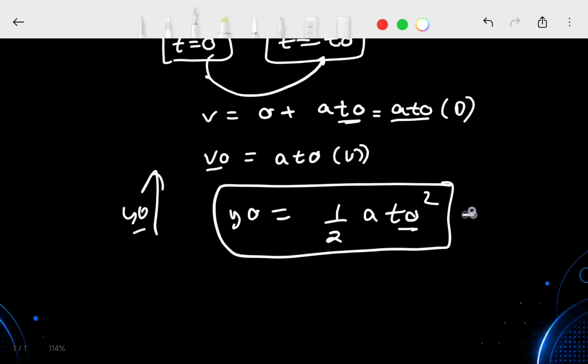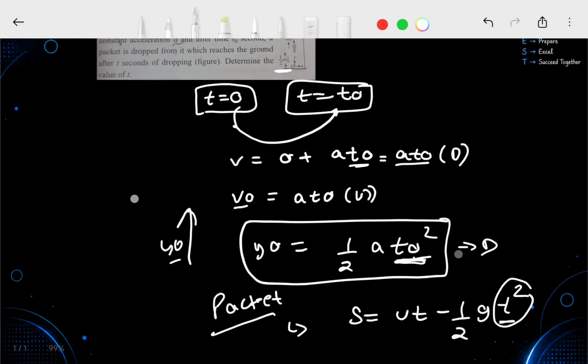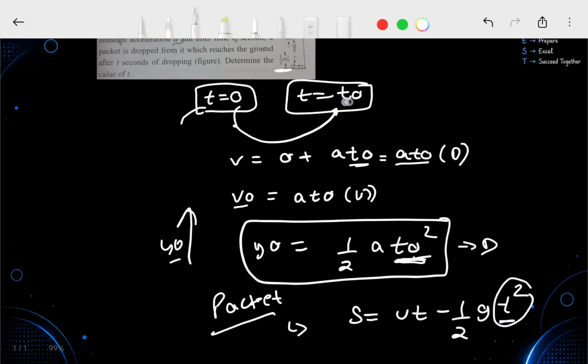For the packet, the displacement s, we write the direction as negative because it is moving downward, and we write it as g t square. Why t? Because it is the total time, and the initial time was t naught.